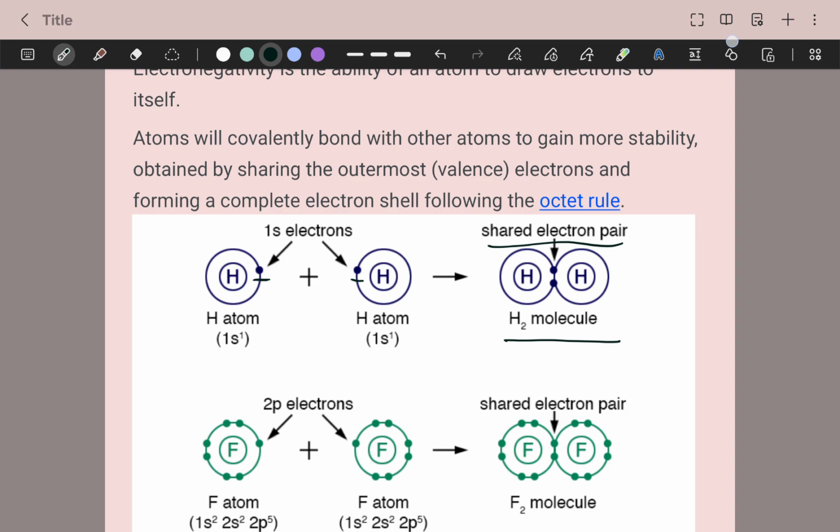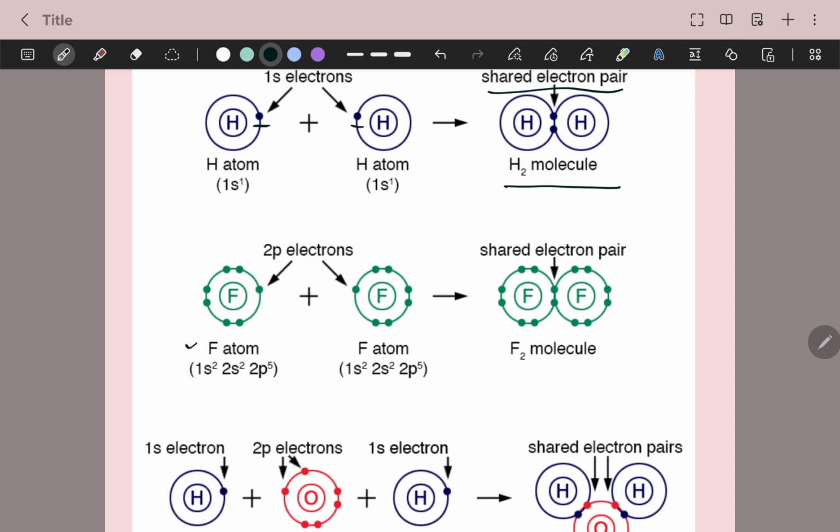If I say fluorine atom, it has 7 electrons in its valence shell: 2 in the s orbital and 5 in the p orbitals. There are 3 p orbitals, each with the tendency for 2 electrons, and one has just 1 valence electron.